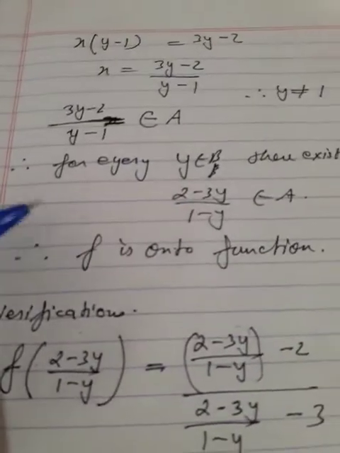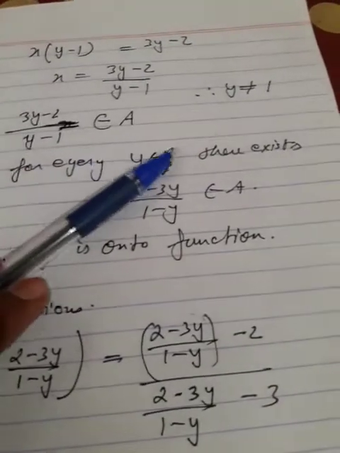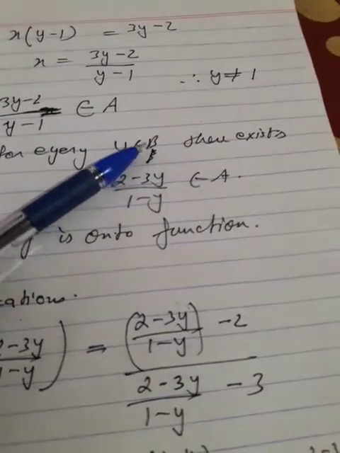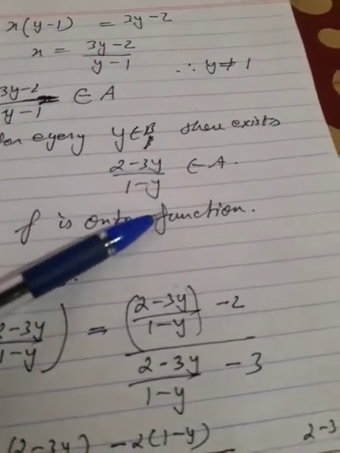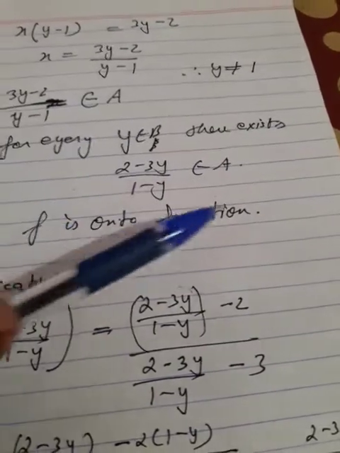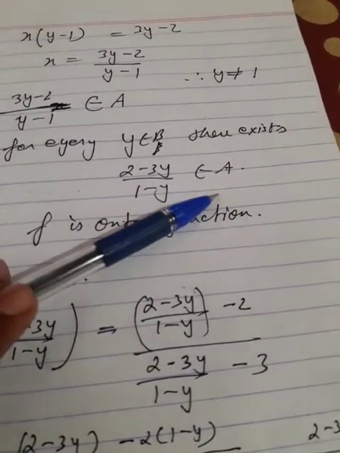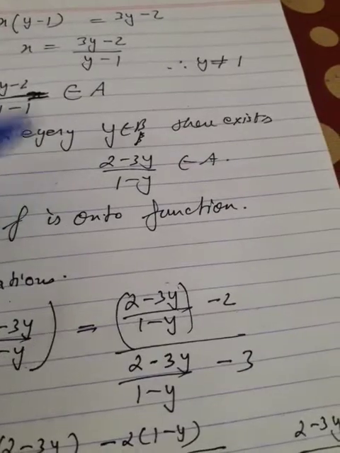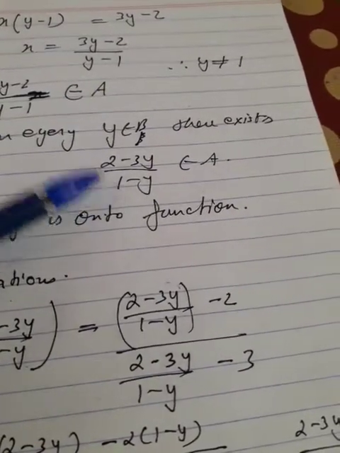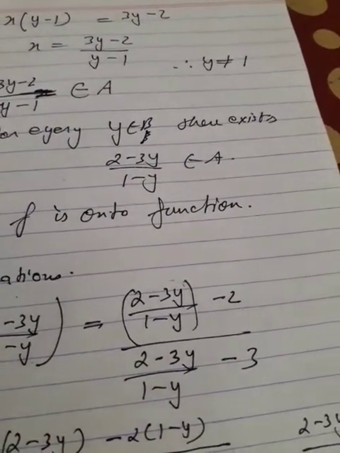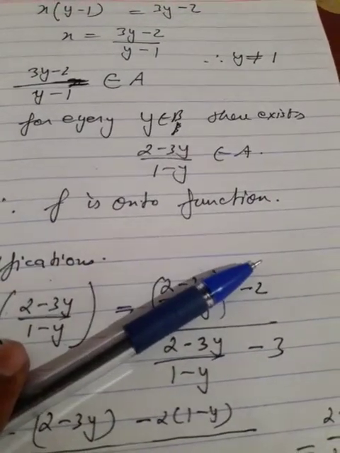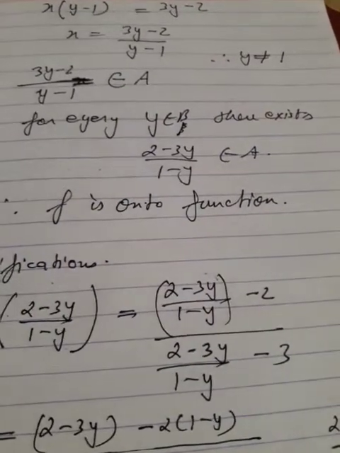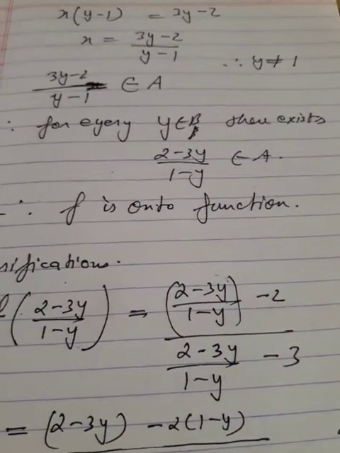Hence we can conclude that for every y belonging to B, the codomain, there exists a 3y minus 2 upon y minus 1 which belongs to A, that is the domain. So for every image in codomain there is a pre-image in domain, hence f is an onto function. Hence this function is one-one and onto both.